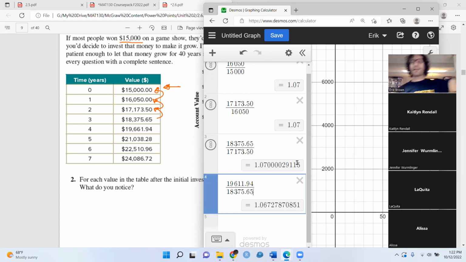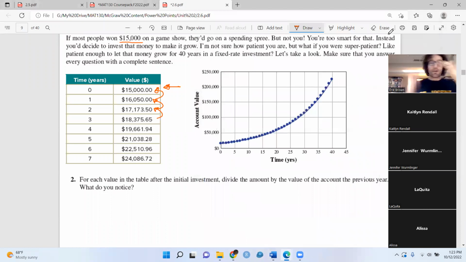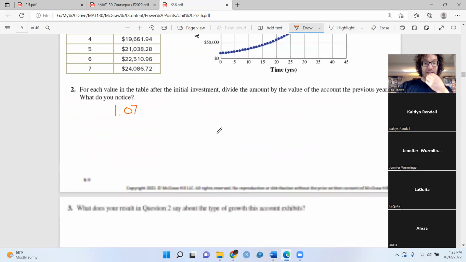We were dividing the next value by the previous value. And if the number was the same, we called it an exponential situation. So the answer is it's 1.07 approximately for each step, for each of these comparisons.